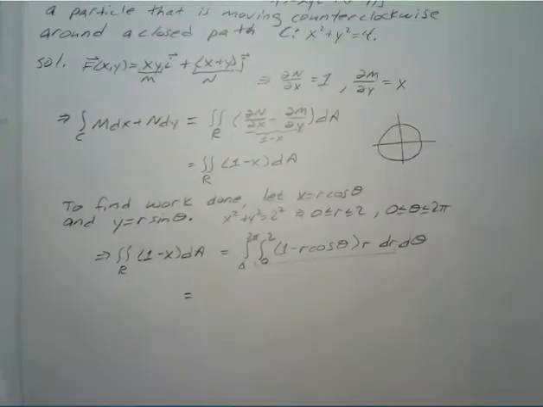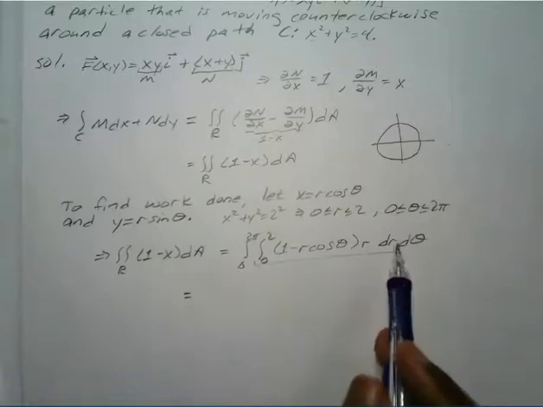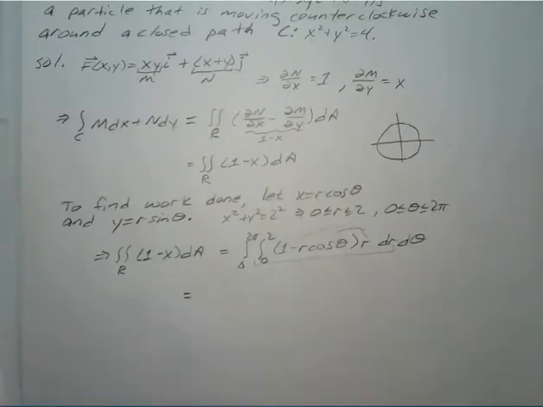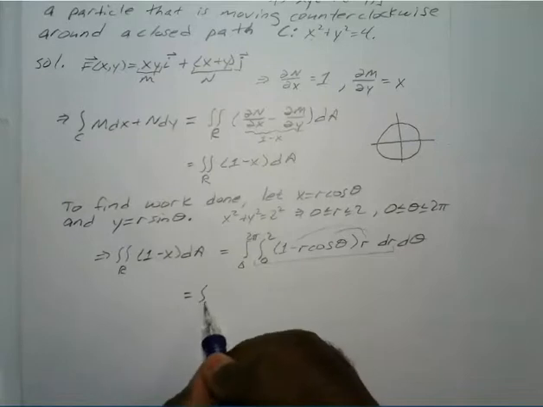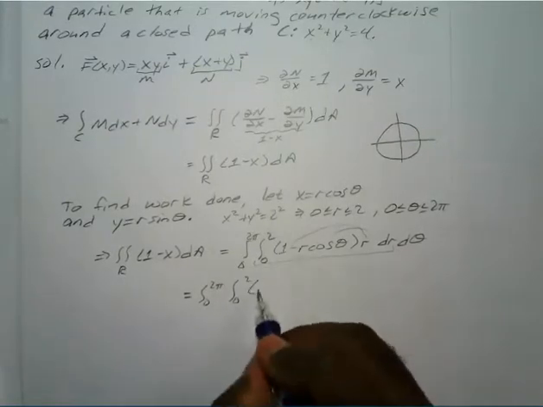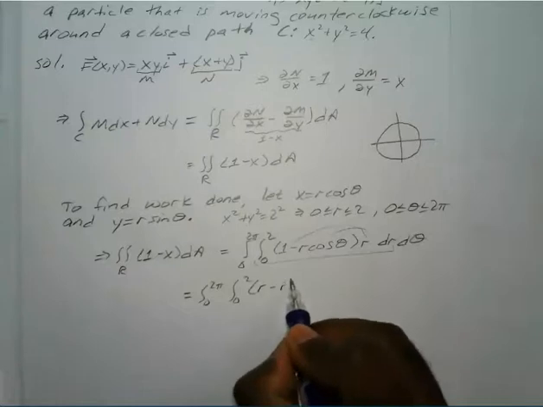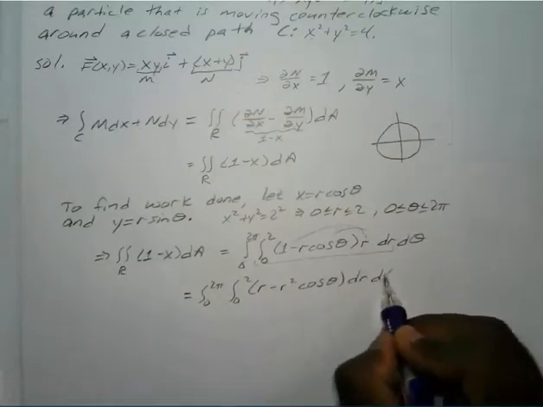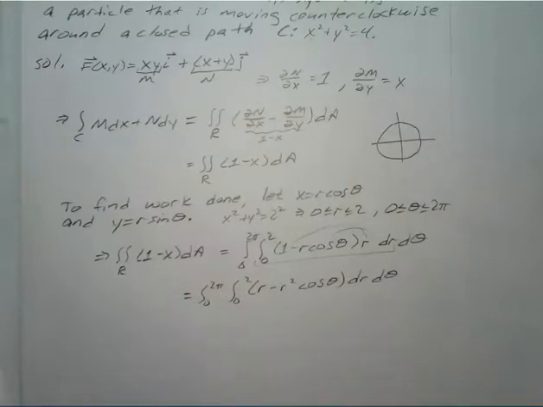All right, so before we integrate, go ahead and get rid of that r by distributing. So we have, from 0 to 2 pi and 0 to 2, r minus r squared cosine theta, dr d theta. Okay, so we go ahead and integrate both of those.